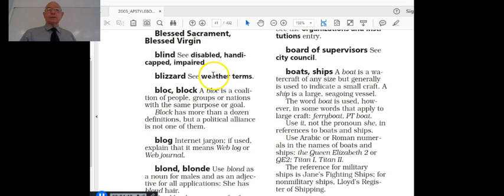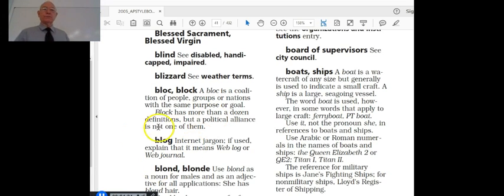A bloc is like a group of people. We talked about the Soviet bloc during the Soviet Union days, related to all of the communist countries that allied themselves with the Soviet Union. Whereas block means like a block in the street, or a block in sports, whatever.